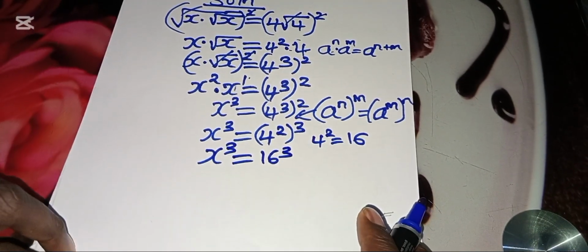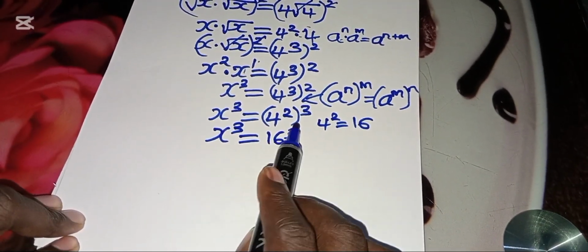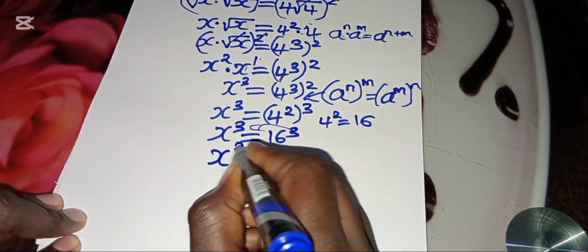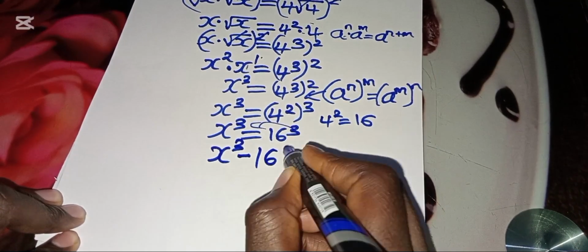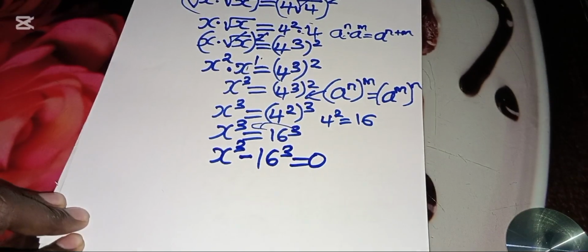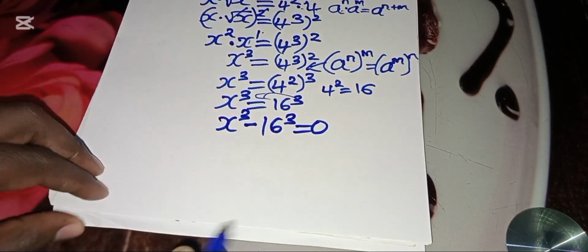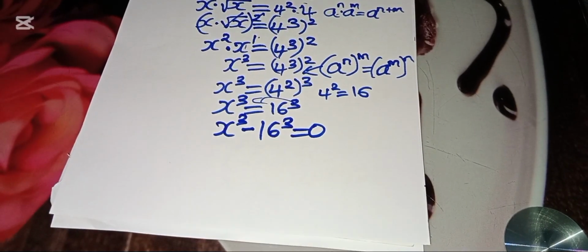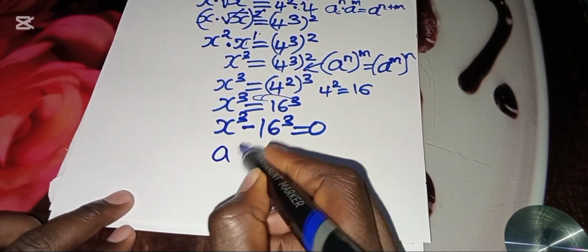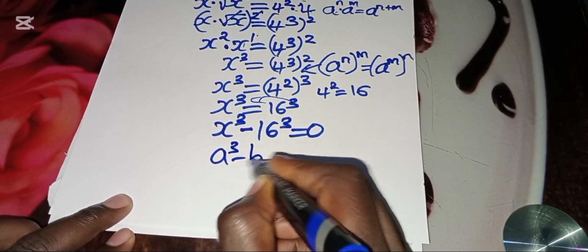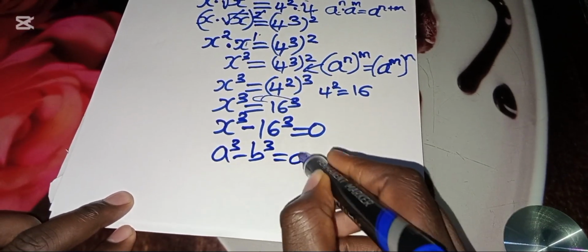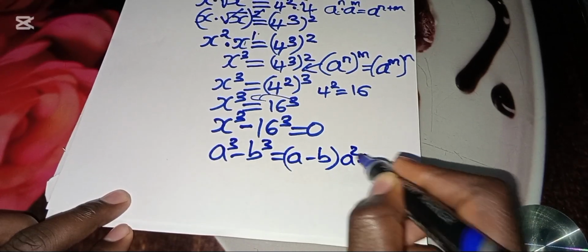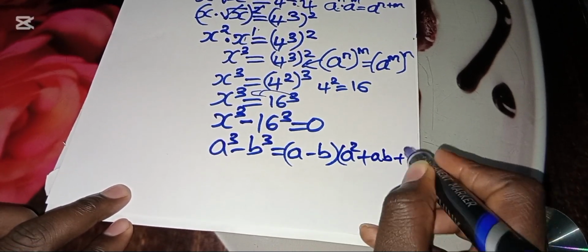Now we take 16 raised to power 3 to the left hand side, so that you're going to have x cubed minus 16 raised to power 3 equal to 0. As you can see, x cubed minus 16 cubed is the difference of cubes, expressed as a cubed minus b cubed. This can be expressed as a minus b, times a squared plus ab plus b squared.